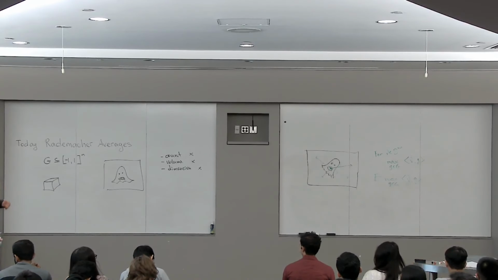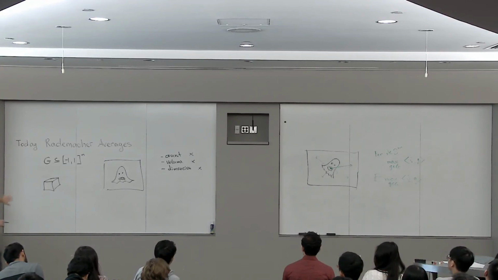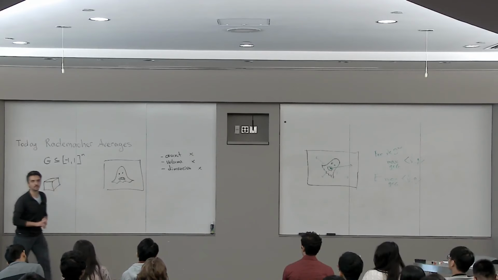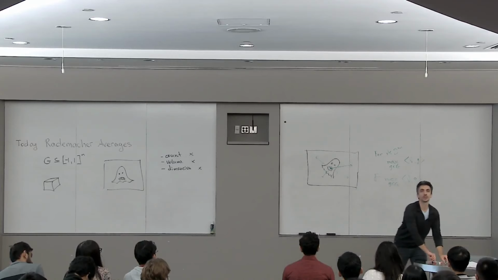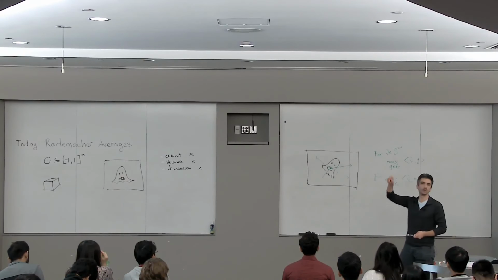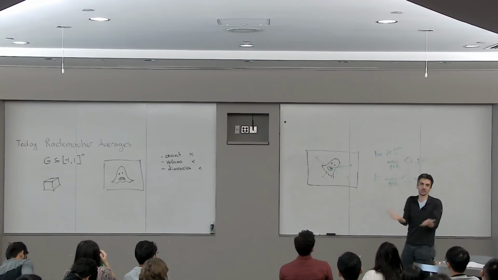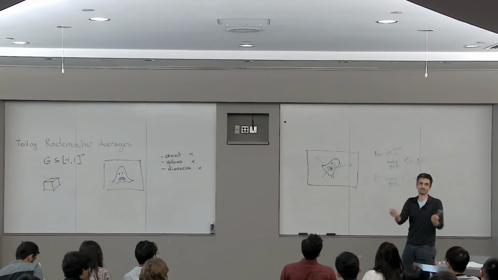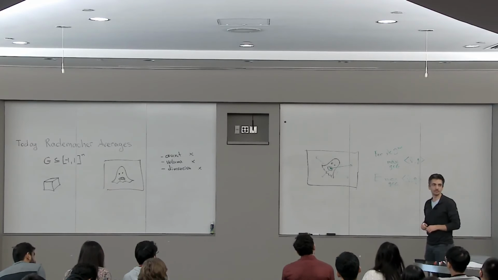Here, always G is going to be the subset. Question: why is it n-1 instead of n? That's a typical way to denote a sphere in n dimensions, because it's an n-1 dimensional object.